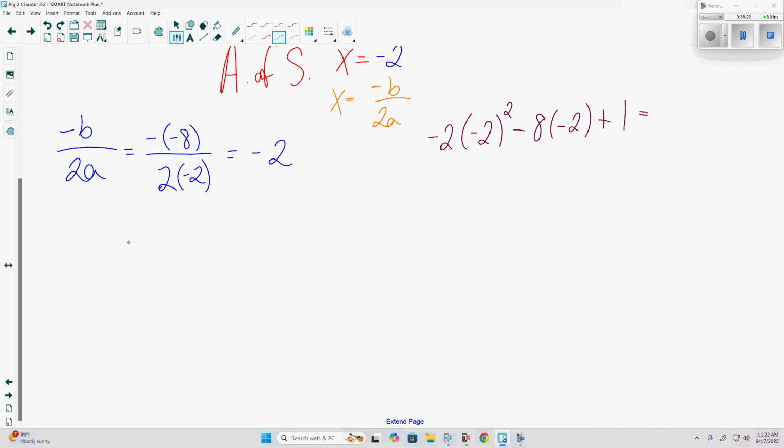So here, 2 times negative 2 on bottom would be 8 on top. Now the positive divided by negative would be negative, yes? 8 divided by 4. You're good.